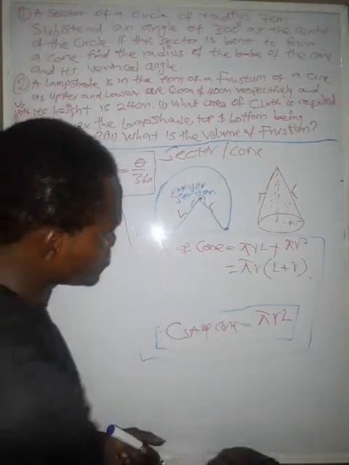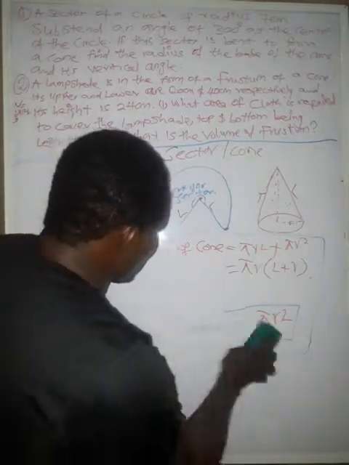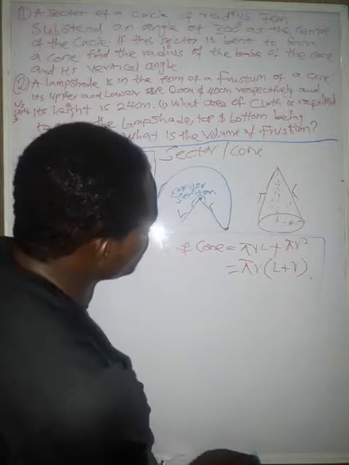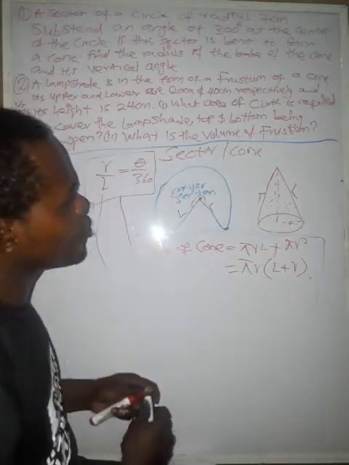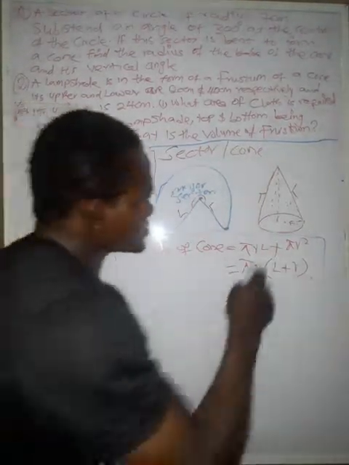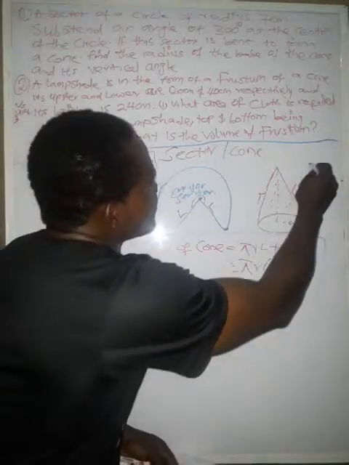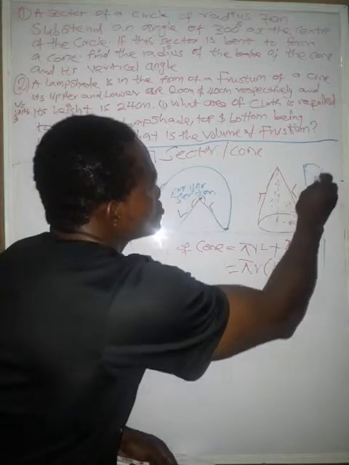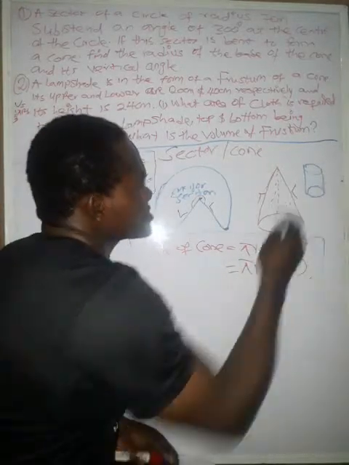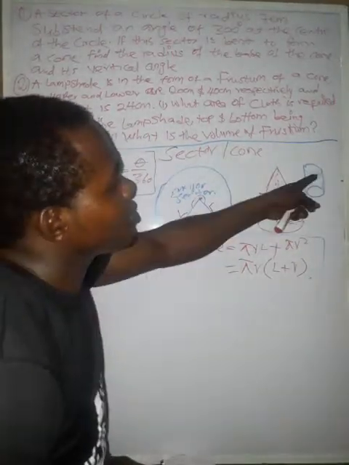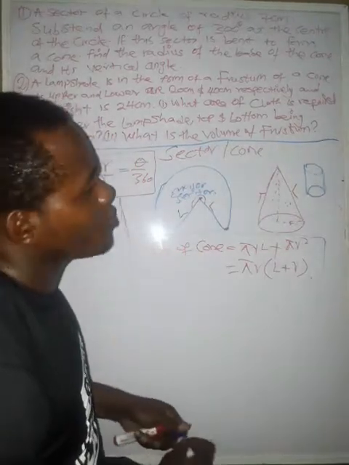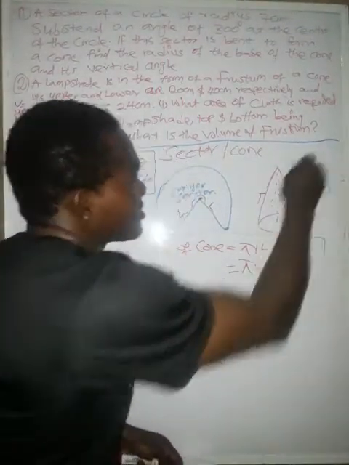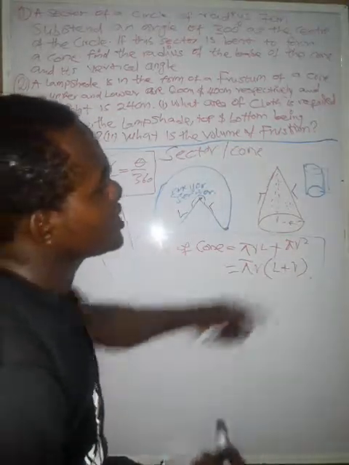Now, to find the volume of a cone, if I have something like this, let me use this one to explain. If I have something like this, a cylinder, and I need the volume of this shape, what is the height of this?